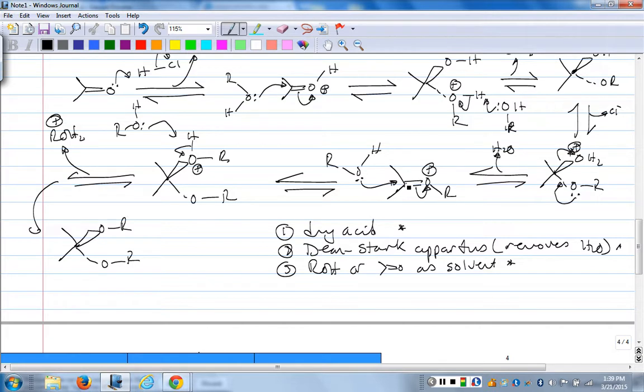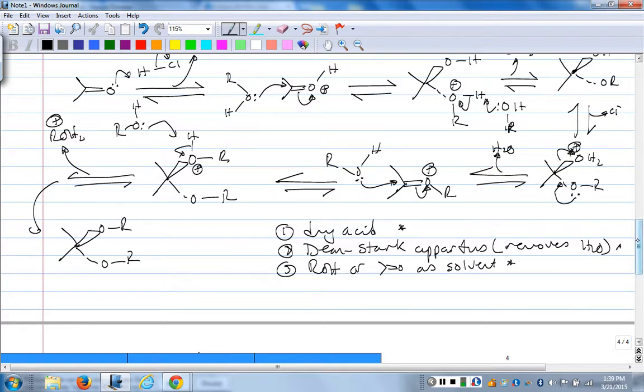Now going forward, what would have happened was the alcohol attacks this species to make this. What happens next? Well, water can attack the activated carbonyl, because we're in aqueous acid now, so there's an abundance of water. Water attacks the activated carbonyl and generates this species. In the forward reaction, what happened was we lost water. So instead of water coming in, going backwards, water is being lost, and so on and so on.